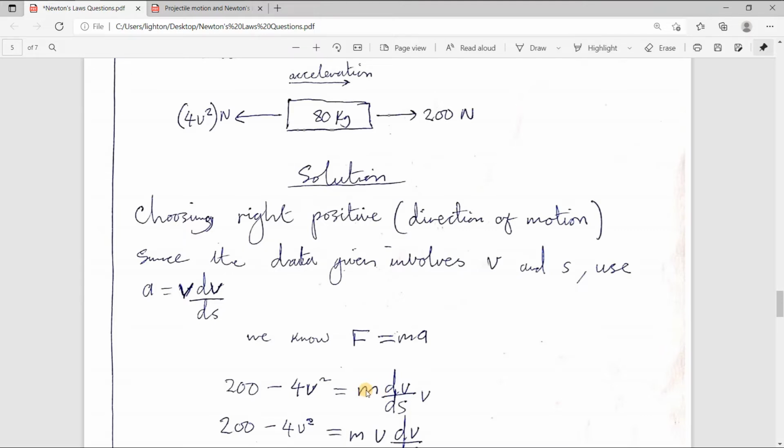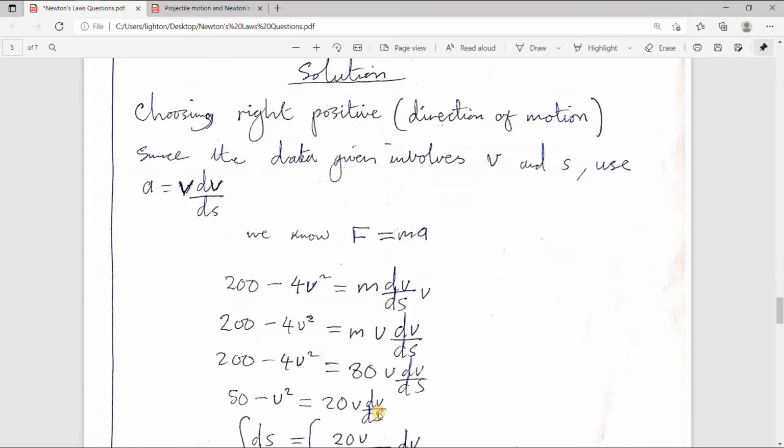It should have been m v dv over ds, but even this is okay, it's the same thing. So now, moving on, 200 minus 4v squared is equal to m v dv over ds. Yes, now this is me putting it back in the preferred position.